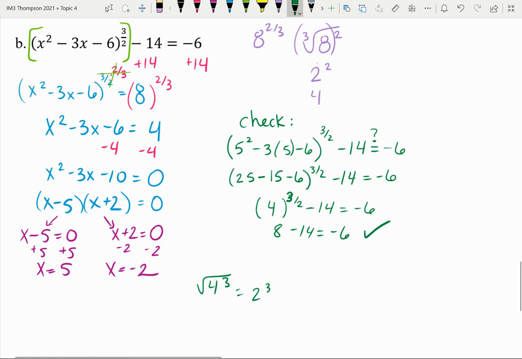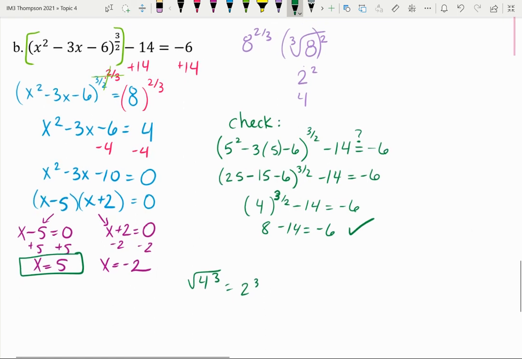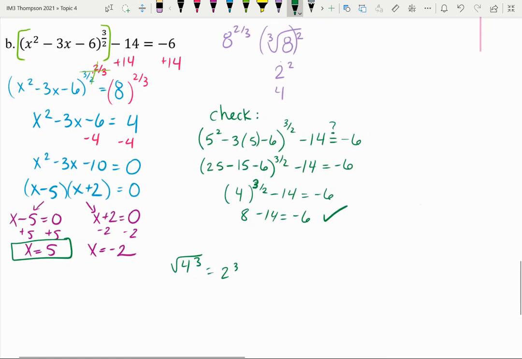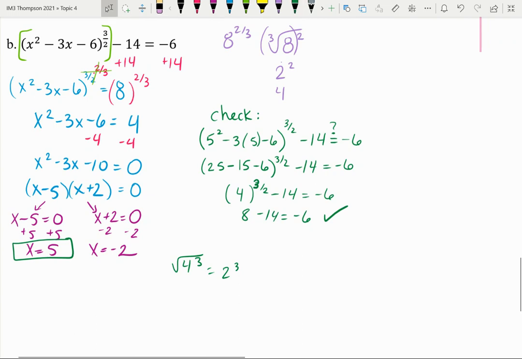And 8 minus 14 is -6. So this one works. Don't assume that if you find the one that works that the other one doesn't. We're going to plug this in and the other one works also.